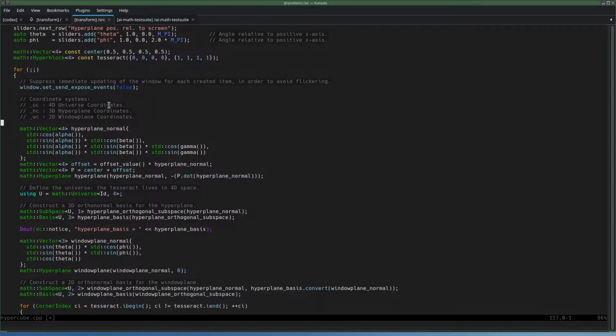Coordinates means that they are coordinates relative to the basis of... So this is universe coordinates, meaning it is relative to the basis of the universe, which is just a standard basis.